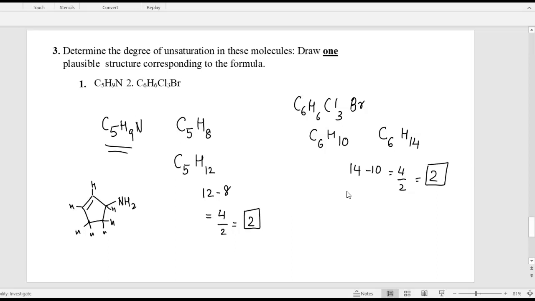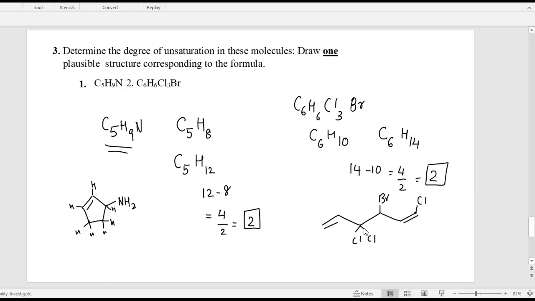Okay, so you can again draw a plausible structure. You can have 2 double bonds and 6 carbon atoms, 1, 2, 3, 4, 5, 6. Maybe you can have a double bond here, a double bond here. You can have a chlorine here, a Br maybe, and another two chlorines here.